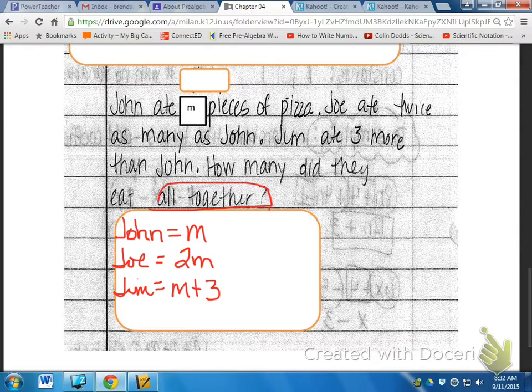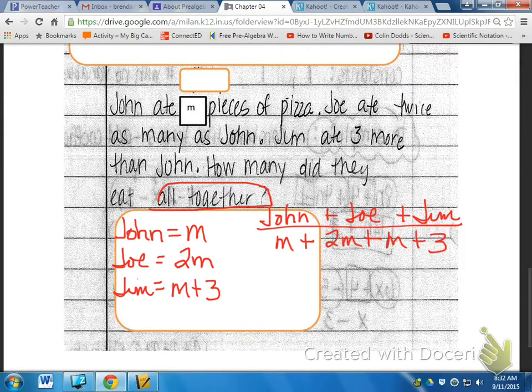And now it wants, how many did they eat all together? So that means we want John plus Joe plus Jim. Jessica, you want to finish this out for us? What should I put in for John? M plus Joe, 2M, plus Jim, M plus 3. Now we need to simplify like we were doing before. So what could I simplify that to? 5m. We've got M plus 2 plus M, 6m. Not 6.